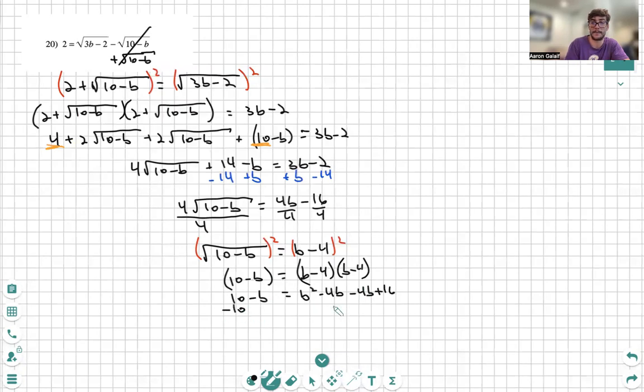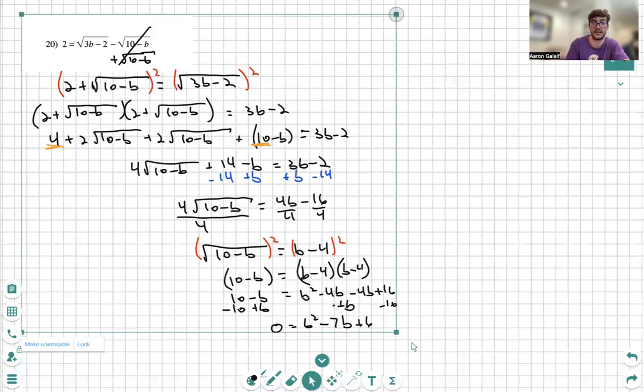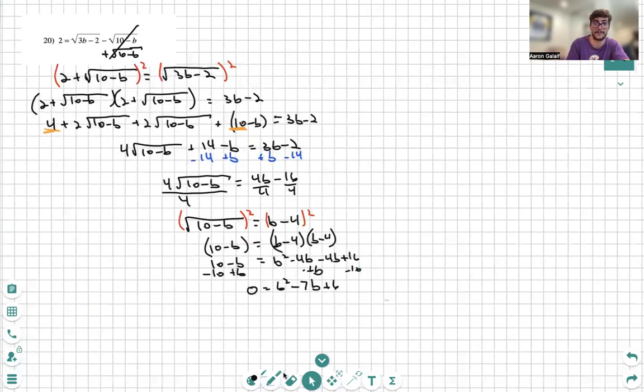Combine like terms, right? So we have 0 is equal to b squared, negative 8b plus b is minus 7b, and we have 16 minus 10, which is 6. We're going to make this a little smaller just so it's neater.